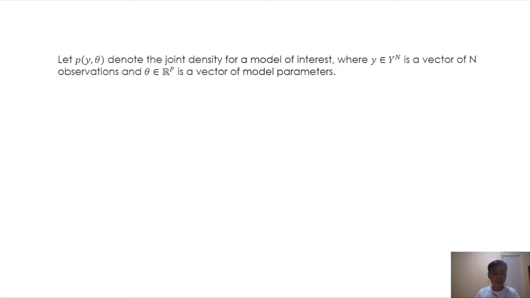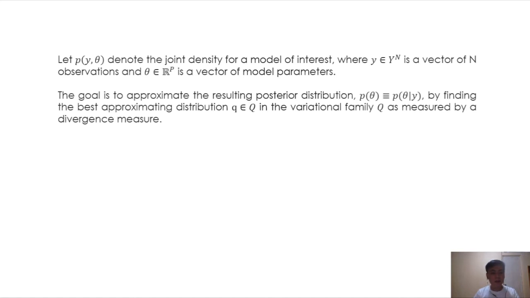So in variational inference, we let P of y and theta denote the joint density for a model of interest, where y in Yn is a vector of n observations, and theta in Rp is a vector of model parameters. Here, our goal is to approximate the resulting posterior distribution, P theta, by finding the best approximating distribution Q in the variational family Q as measured by a divergence measure.